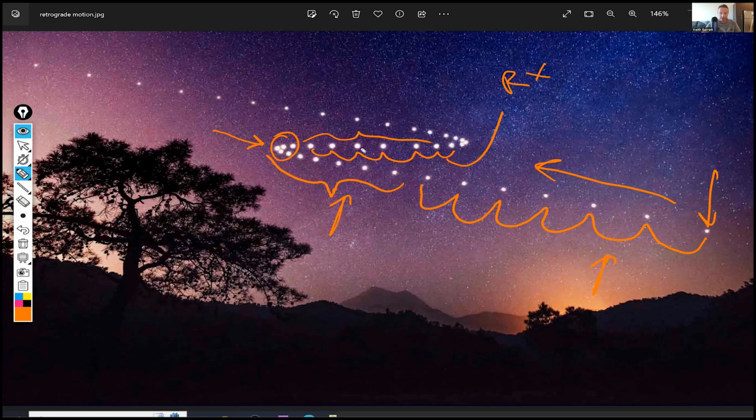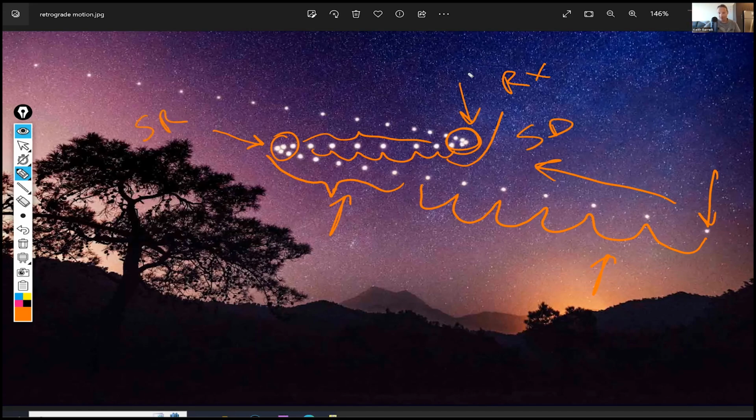And so this section here is retrograde. And then again, it appears like it's slowing down and stopping. This part here would be indicative of stationing direct. So station direct here, and over here would be station retrograde.